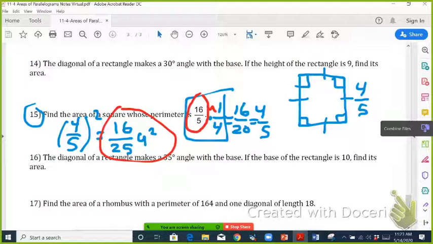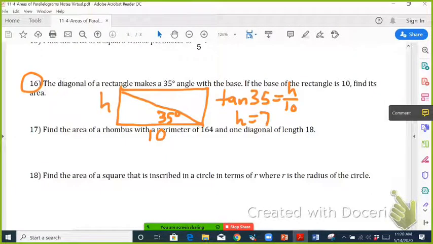It'd be like comparing your speed to your weight, or your height to your circumference. They're different things. You wouldn't say, oh, I am faster than your height. That just wouldn't make sense. Alright, so the area is 16/25 square units.